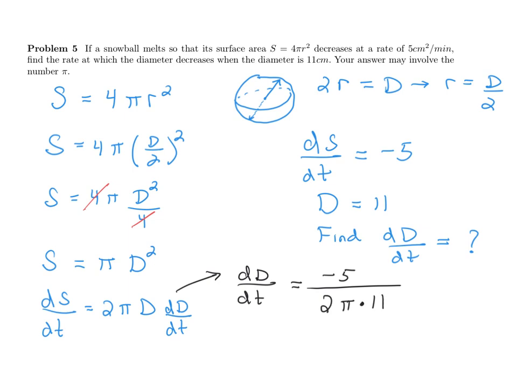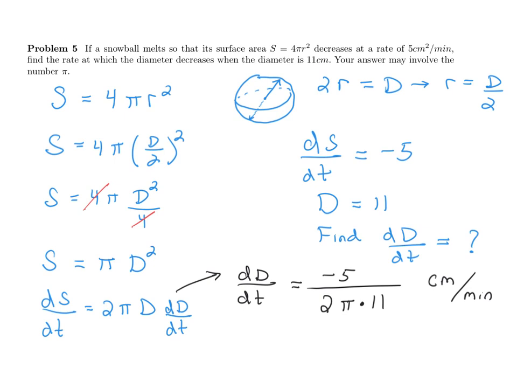Now, what are the units on this? It's important to include them. Since the diameter is a distance, it is going to be centimeters, and that's going to be per the unit of time, which is minutes. So at what rate is the diameter decreasing? Because this is negative, it means, oh, it's definitely decreasing. Now, we don't have to state the negative anymore since it's asking us the rate at which it decreases.